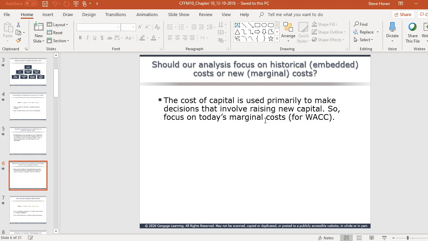And so you want to focus on today's marginal cost or forward-looking costs and not your history. It's always good to know what your historical WACC has been over time. That's fine, and you want to know that, but you really want to focus on what my WACC is going forward based on the new capital structure if I decide to go out and issue new stock, new debt, and so on.